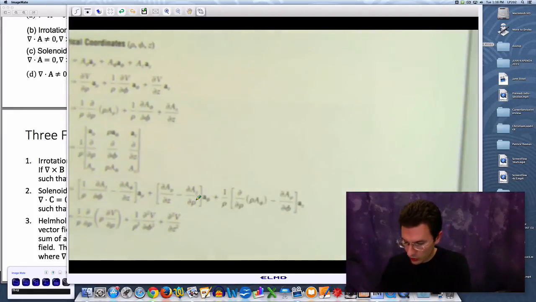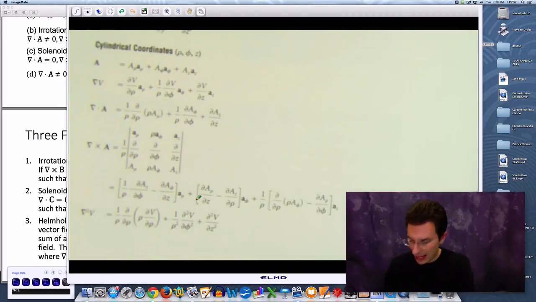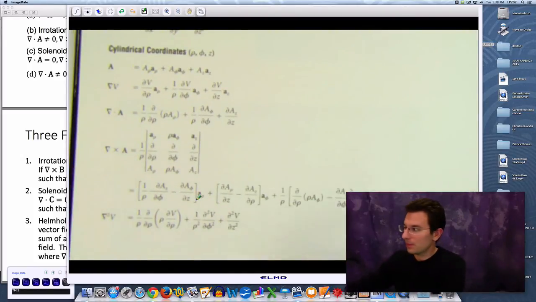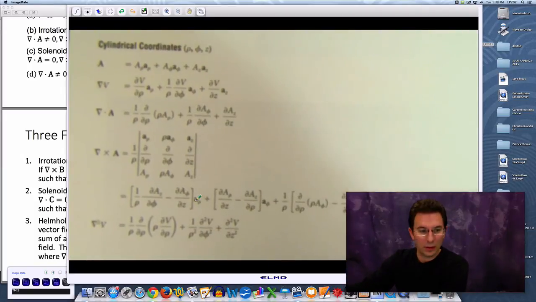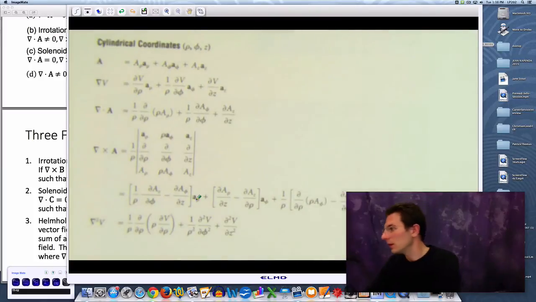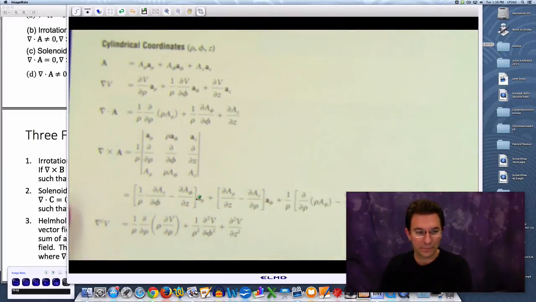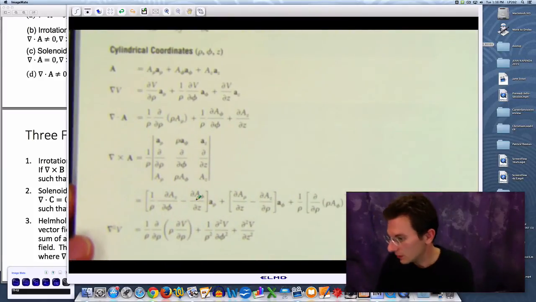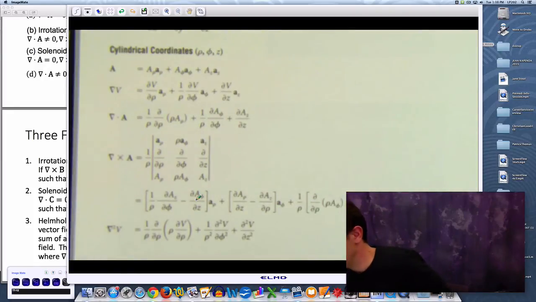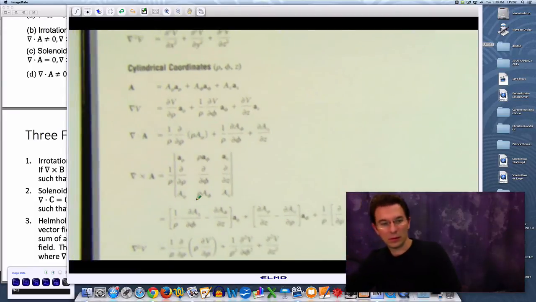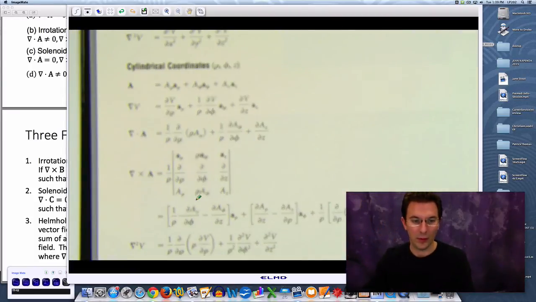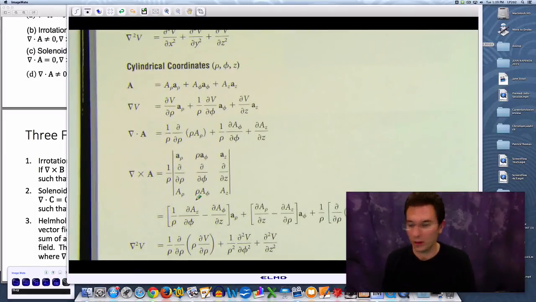Let me show you this definition, from the back of the book. Just a moment, let me focus this for you. There we go.